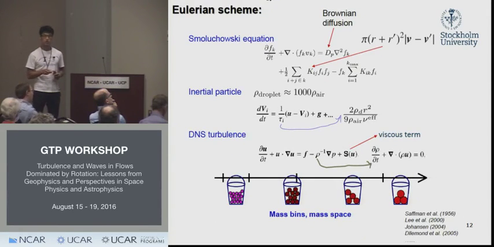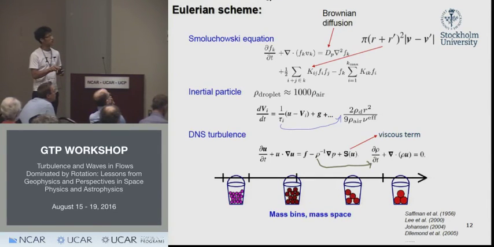Because this collision problem of inertial particles in turbulence is a strongly nonlinear problem, we first developed this Euler scheme. This is basically the Smoluchowski equation, which we discretize, and then we solve these momentum equations for inertial particles, because the cloud droplets have a density about 1,000 times that of the gas flow, together with the equation of the gas flow.